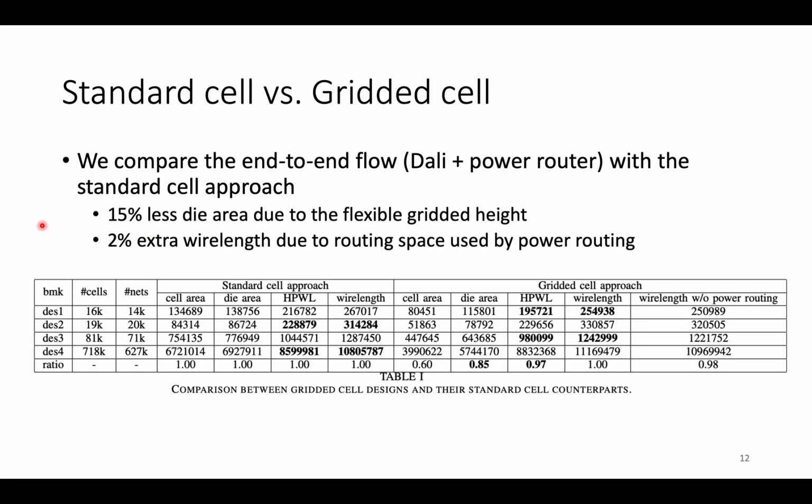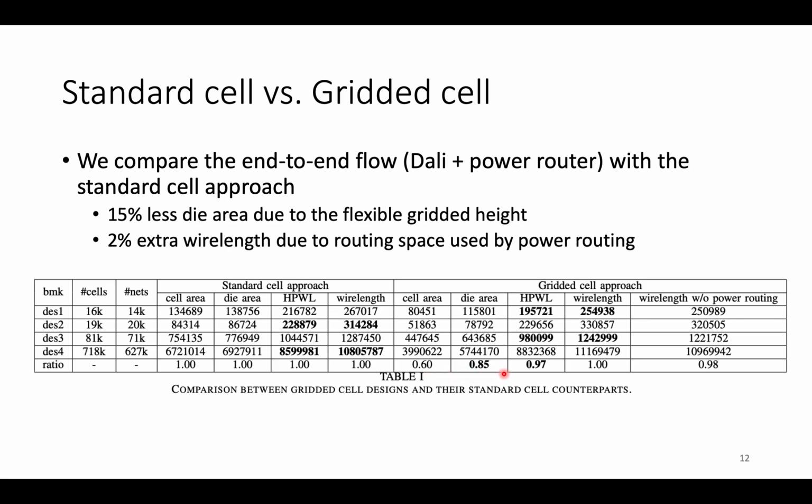Let's compare the standard cell approach versus a gridded cell approach. We compare the end-to-end flow, Dali plus power router, with the standard cell approach. So in the result, it's normalized to the standard cell approach, and lower is better here.